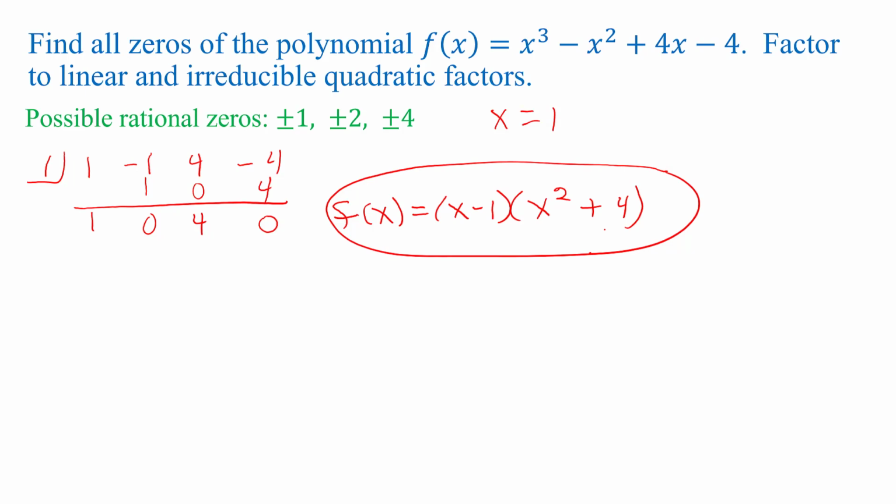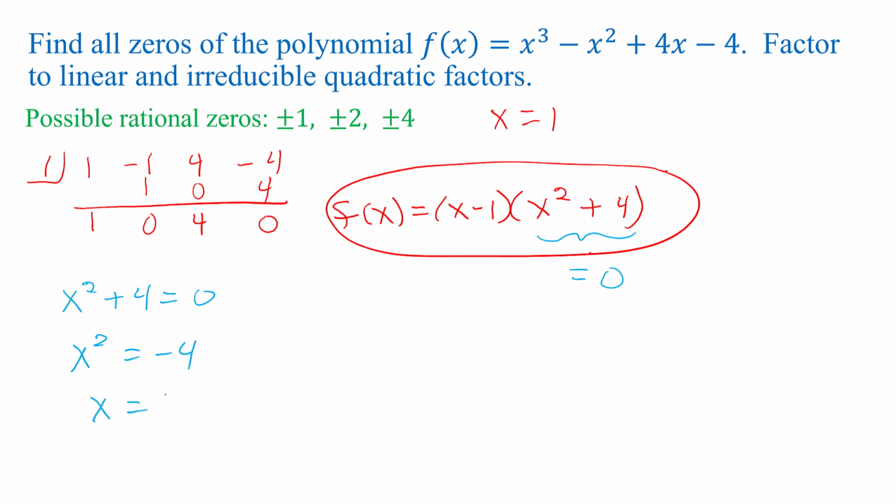And one additional thing we need to do here is to find the complex zeros. So if we look at x squared plus 4, set x squared plus 4 equal to 0, we will be able to identify complex zeros here as well. So x squared plus 4 equals 0. From that we get x squared equals negative 4.